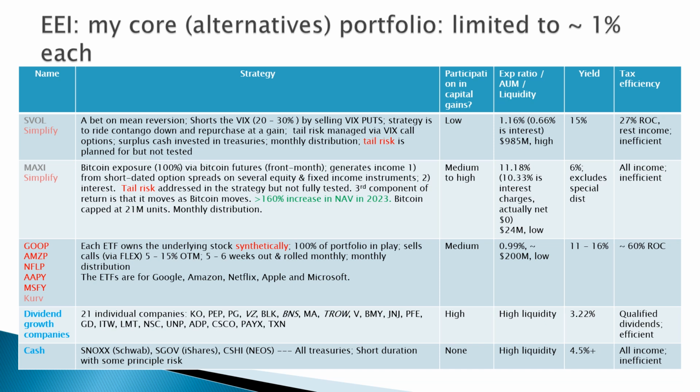The yield is around 6%, and I've excluded a special distribution that they made in December because I never count on special distributions. The special distribution in December, I think, tripled or quadrupled the total income that shareholders in Maxi received.